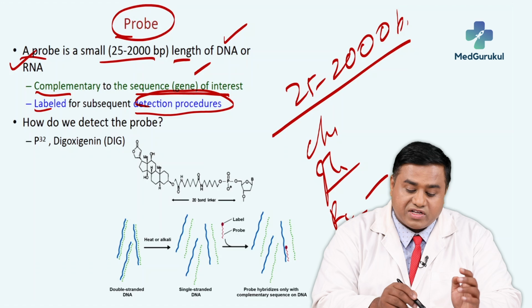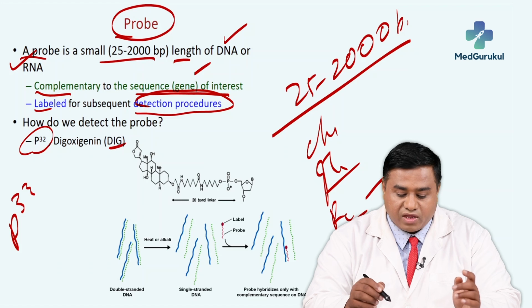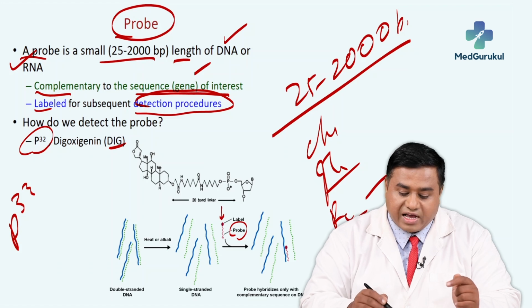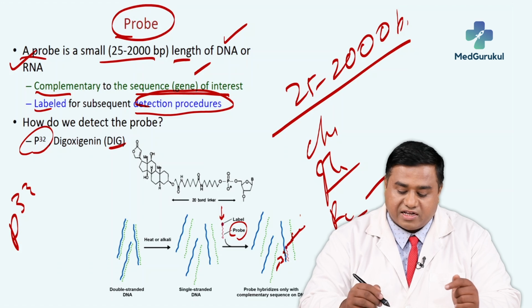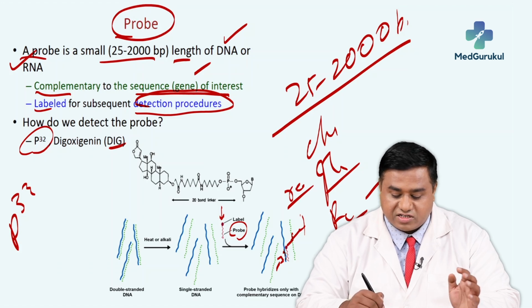The radioactive labels initially used were phosphorus 32 and DIG, attached to the probes, which have sequence complementarity to the gene of interest. Once they hybridize, the probe gives out a signal, and detection of those signals is read out and a particular disease pattern is recognized.